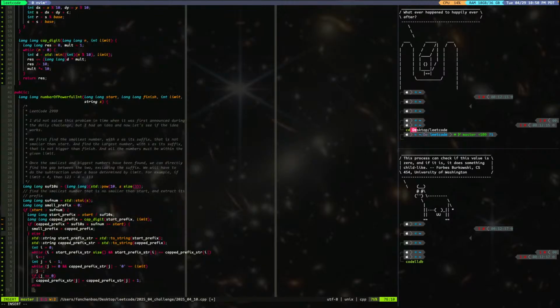Else, which means it's smaller than 0, then capped needs to add. So capped shall equal to 1. Yeah, we need to add a 1 plus capped str.